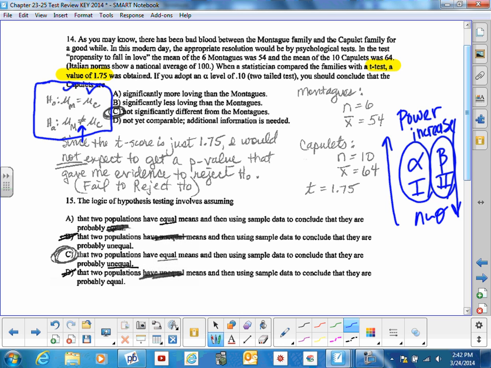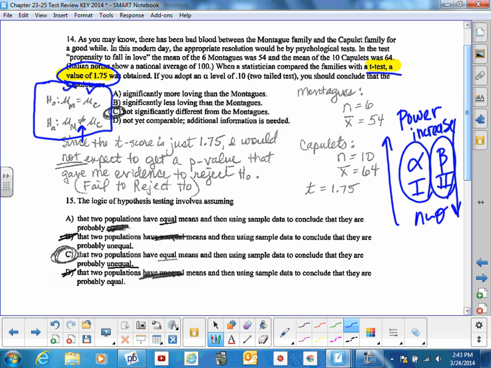So then, the key to solve this problem is your t-score. With a t-score of 1.75, what do you know about standard deviations away from the mean and being unusual? Is 1.75 going to be a very unusual sample? No, it is not at all, for t's for sure. So 1.75 is well within 2 standard deviations.